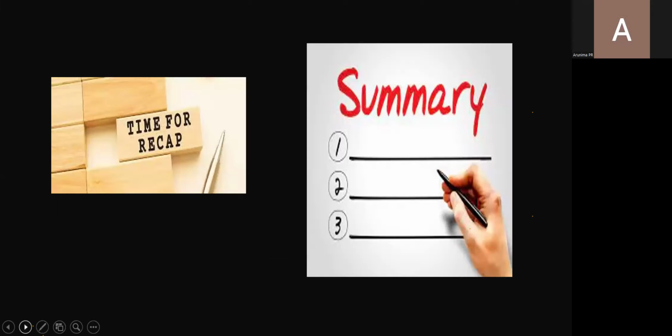So to summarize, as I mentioned before, today's class topic was on endo-perio lesions. In the initial session, we discussed the etiopathogenesis, then the classification, diagnosis, prognosis, and the treatment aspects.